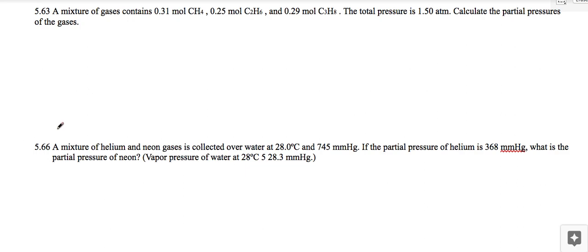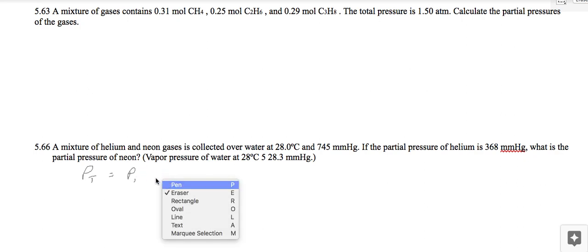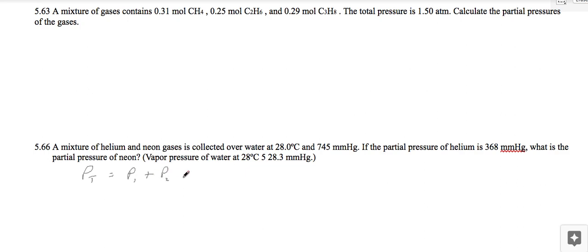All it says is that the total pressure, I'm going to do number 66 first, the total pressure is equal to the partial pressure of gas 1 plus the partial pressure of all of the different gases involved in that container, because all of the gases behave exactly the same.